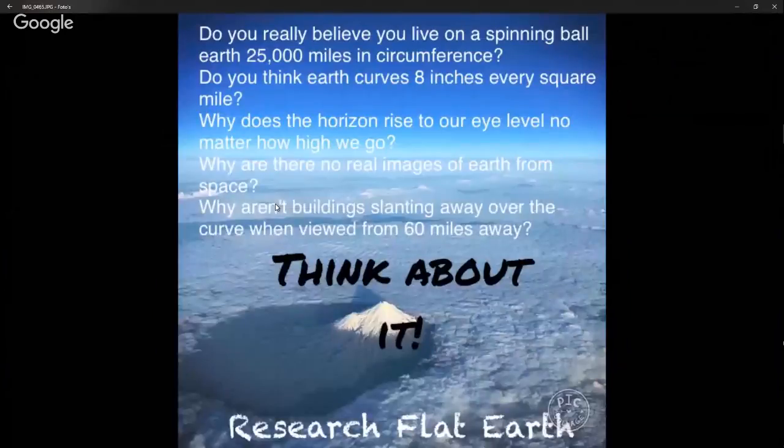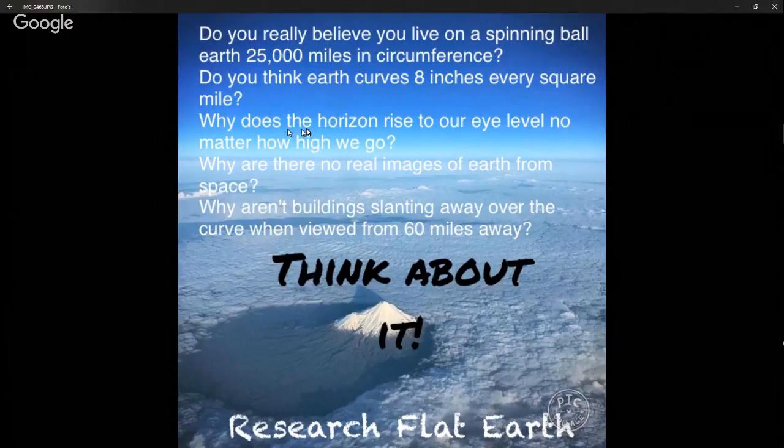So, do you really believe you live on a spinning ball Earth, 25,000 miles in circumference? Do you think Earth curves 8 inches every square mile? Don't forget this, square mile. Squared mile, I think it must be.